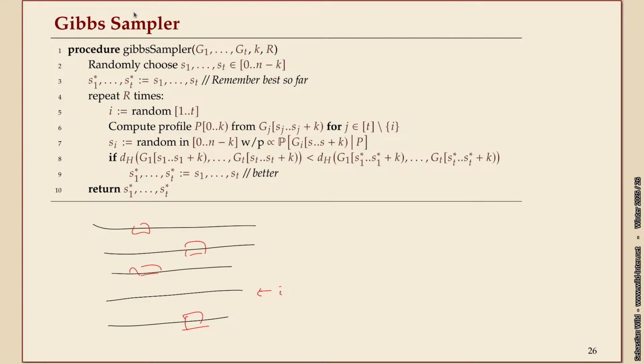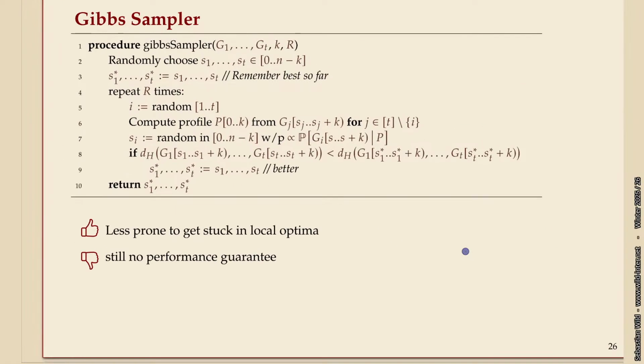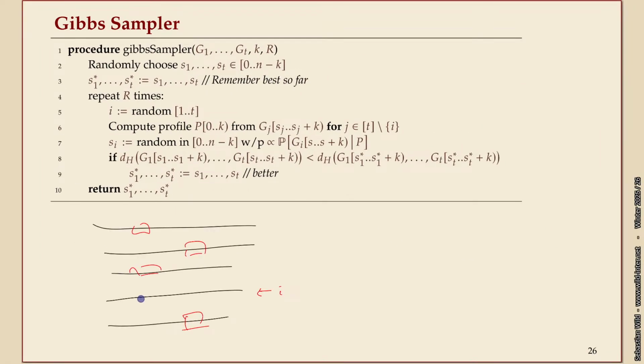And that turns out to be a bit more robust. So we're going to update that to a new one, maybe over here. And how do you do that? You compute the profile for everything without that row.